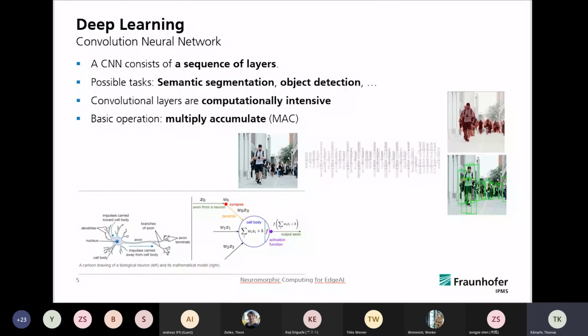One case of deep neural networks is the convolutional neural network. Like all deep neural networks, it consists of a sequence of layers between an input layer, which is, for example, an image, and the output layers, which include the features it shall describe, with a large number of hidden layers, which can be convolutional layers, pooling layers, and fully connected layers.